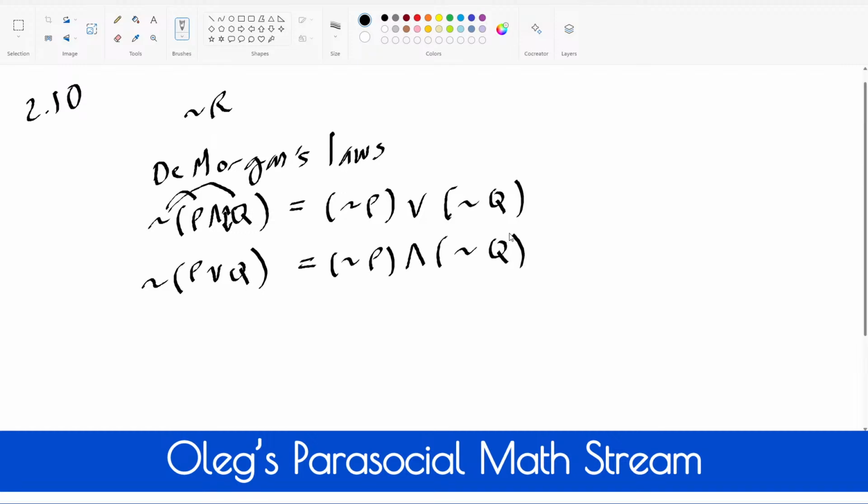If we're going to negate that statement, we want the not version of it. We're going to say you can't solve it by factoring and you can't solve it with the quadratic formula. So in other words, the or becomes an and, and both parts are now negative.